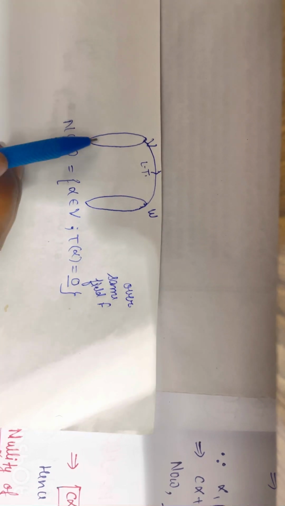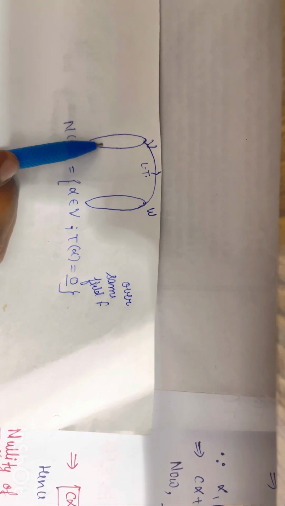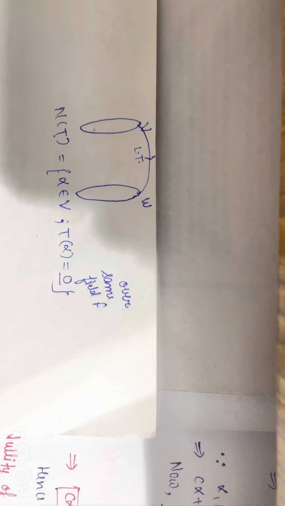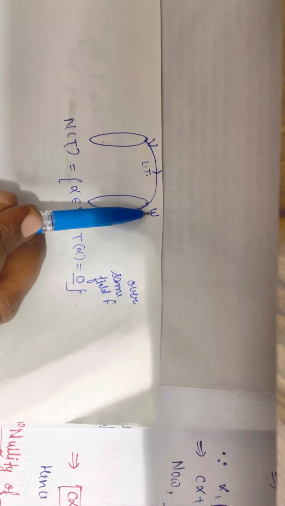It contains those elements of vector space V whose linear transformation mapping will give the 0 vector of W, or we can say the identity element of the vector space W.